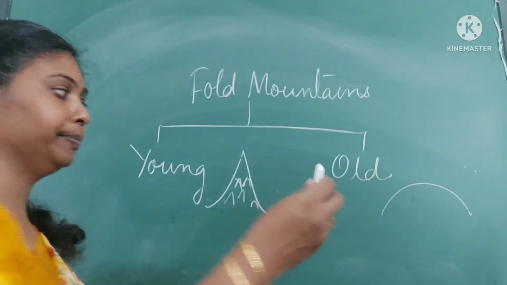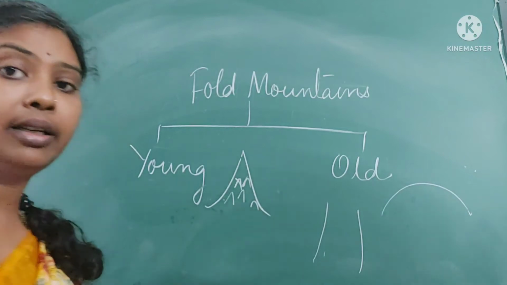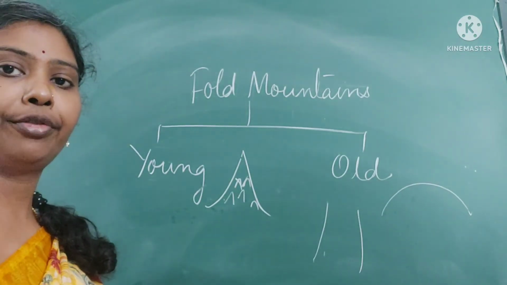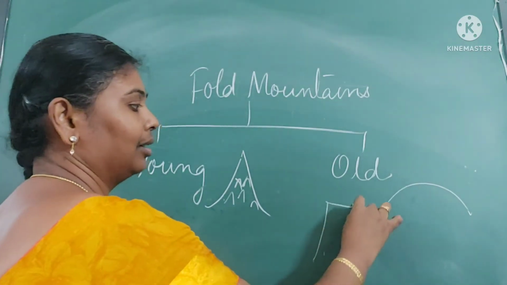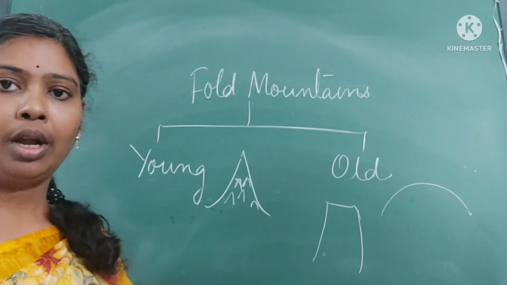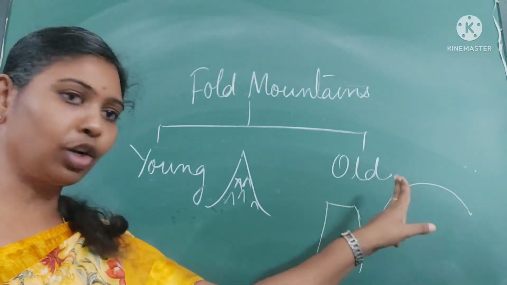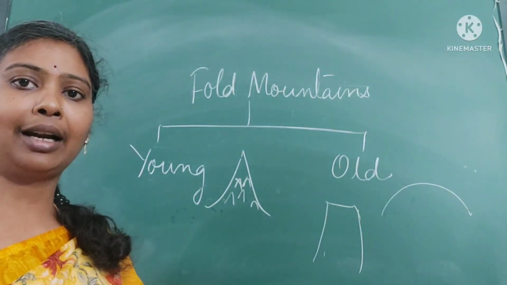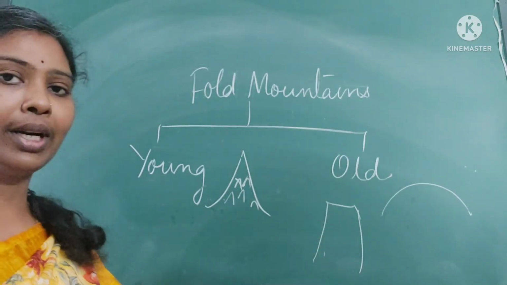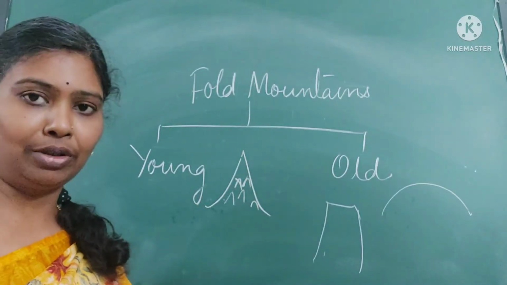Monad rocks means an abrupt rising of a mountain that is flat on top. So mostly we find this kind of monad rocks, where peaks are cut off. So this is one other feature of old fold mountains.